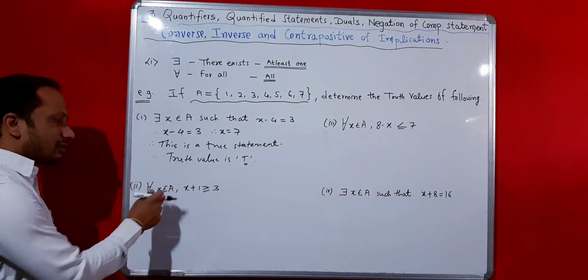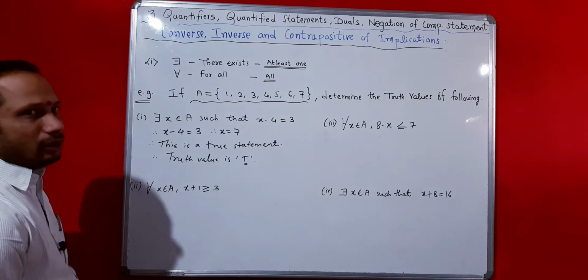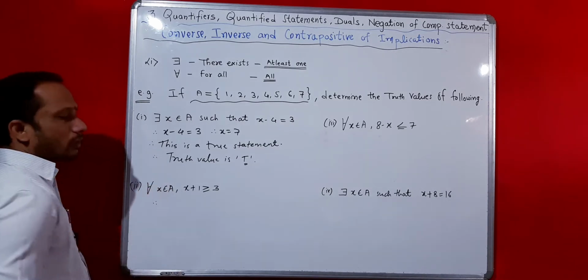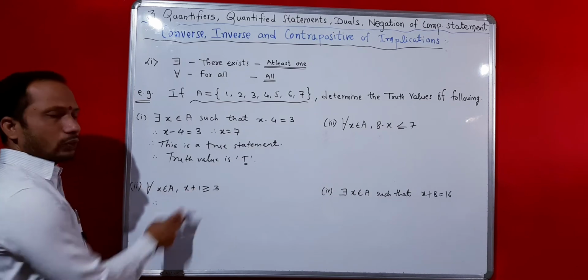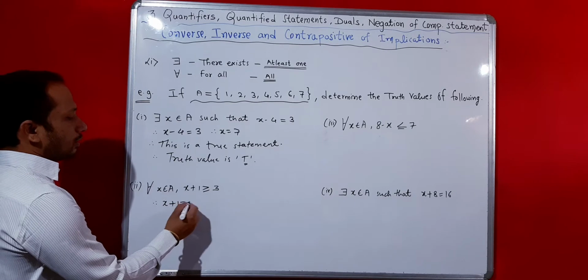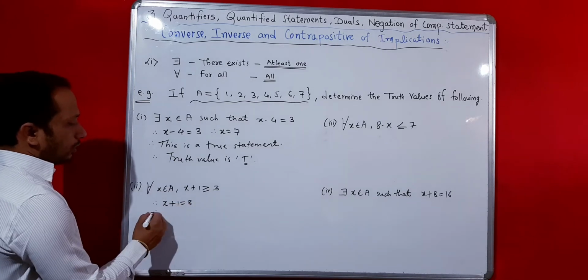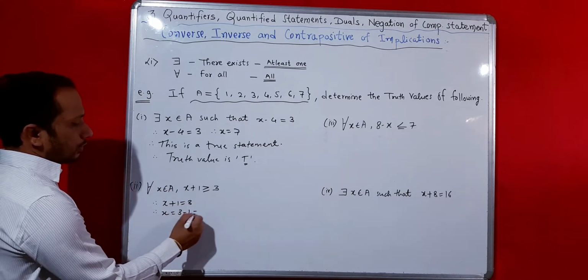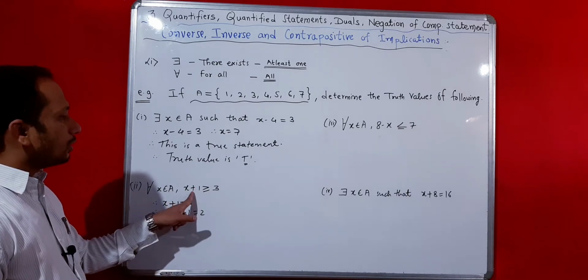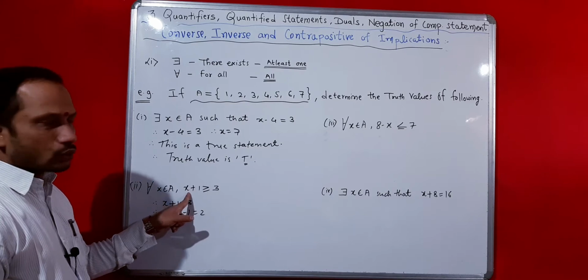For all x in set A such that x plus 1 is greater than or equal to 3. Let me try to solve this. If I take 1 from A, I will get 2. So x plus 1 is equal to 3, therefore x is equal to 3 minus 1, which is 2.